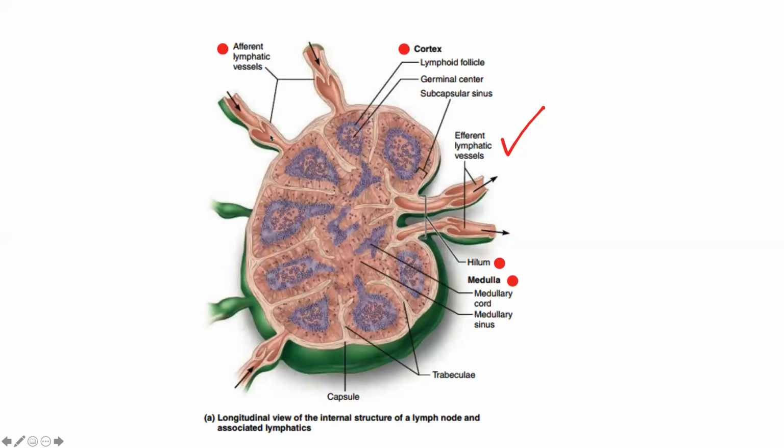Finally, the lymphatics coming into the lymph node will be sieved and checked, and then drained out by the efferent lymphatic vessels. As you can see here, we have the outer connective tissue covering, which we call the capsule, and where the efferent vessels leave the lymph node, the whole area is called the hilum. It has a cortex and medulla.